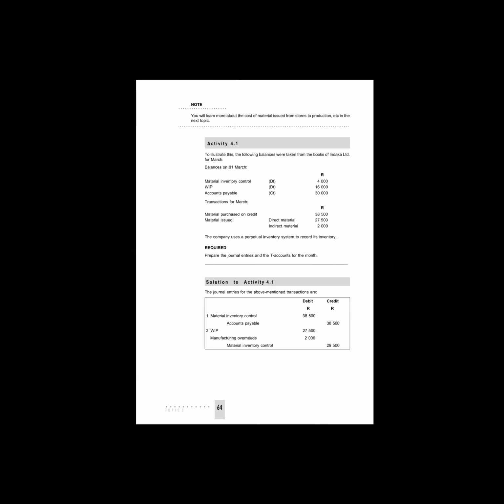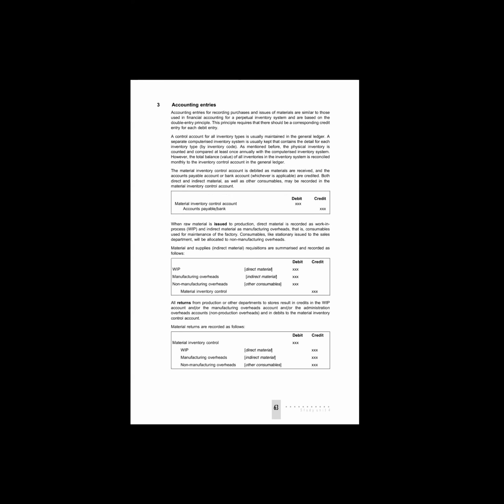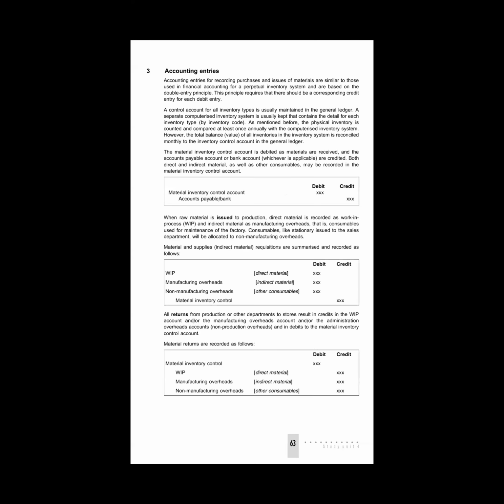If it's a purchase on credit, then we know it's going to the accounts payable. The accounts payable increases on the credit, so we need to credit the accounts payable. What are we purchasing? We are purchasing direct material, so it goes to the materials inventories account. That's that 38,000. So we are basically doing that first journal, journal number 1, materials inventory.